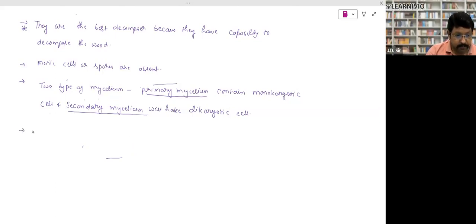Next, very important, primary mycelium multiplies asexually by conidia formation.